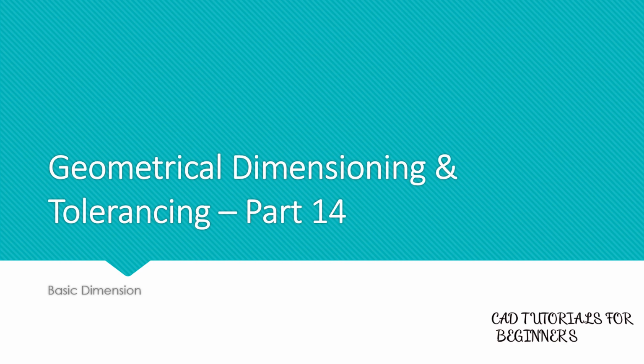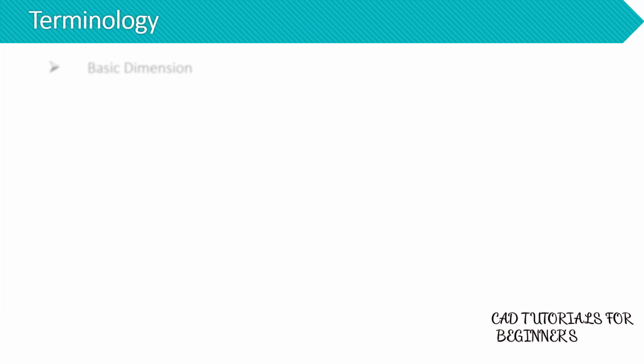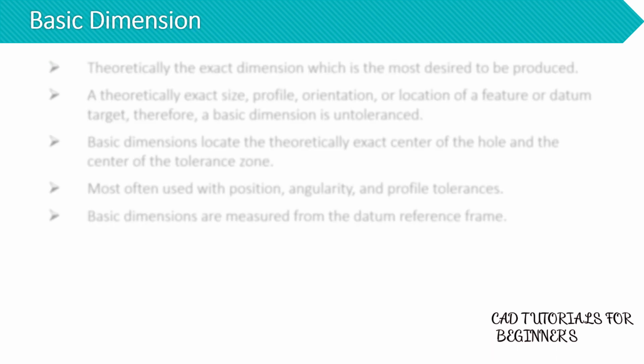Number 14. And in this part 14 we will discuss about basic dimension. So the terminology we will discuss is the basic dimension. So what is meant by basic dimension? It is a theoretically exact dimension which is the most desired to be produced.